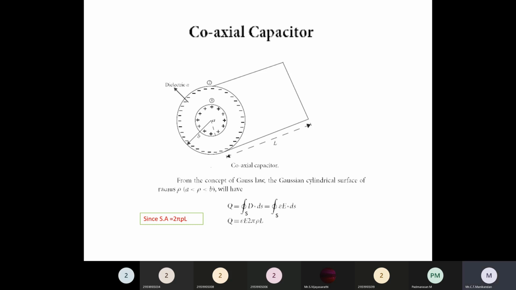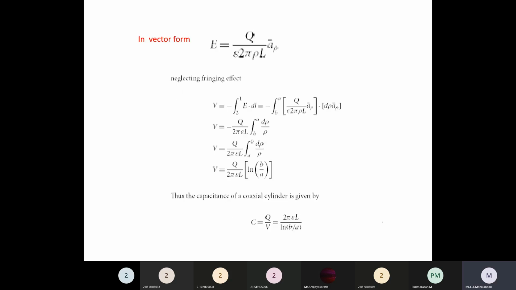What is the capacitance of the coaxial capacitor? Same concept. First we derive the electric field, from the electric field we find the potential, and from the potential we use the capacitor formula C equal to Q by V. First we obtain the electric field from Gauss law.